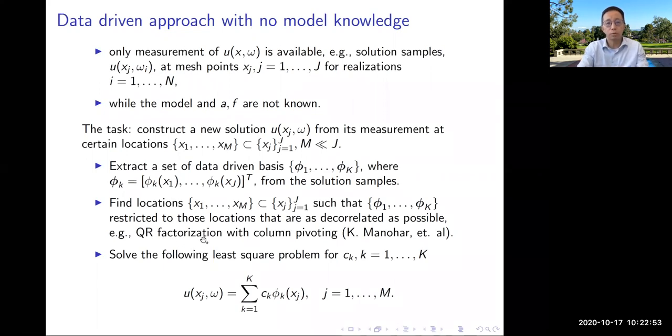Using that, you do a QR factorization with column pivoting, trying to find M locations where there are measurements, for the first M eigenvectors, that are most decorrelated. In other words, when you do the least squares fitting, the problem is not very ill-posed. Otherwise, a small perturbation will give you a disaster.